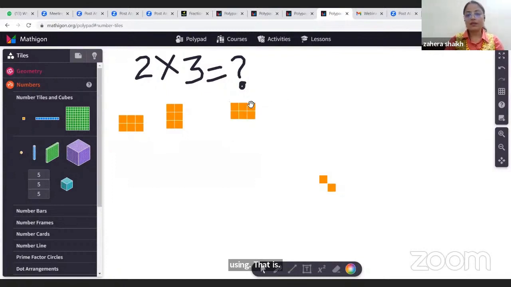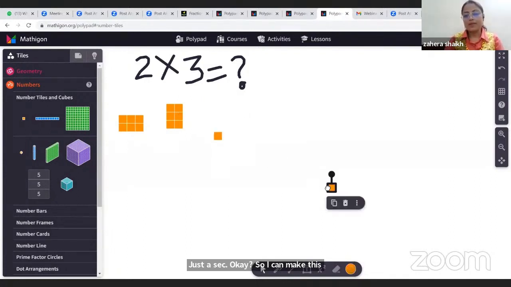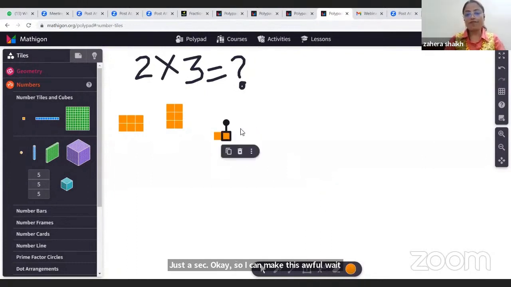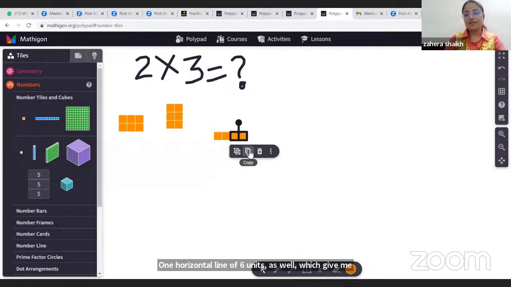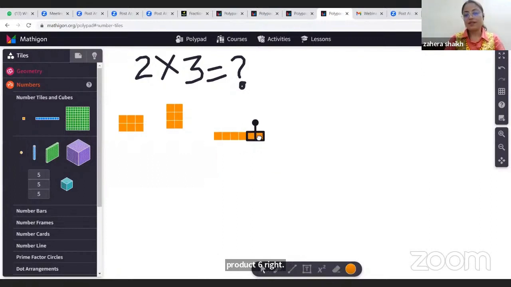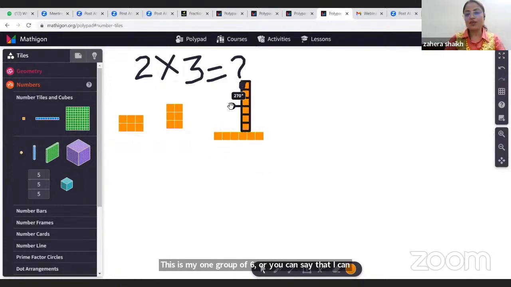I can make one horizontal line of 6 units as well, which gives me the product 6, right? See, this is my one group of 6, or you can say I can represent this product 6 as 6 groups of 1, right?